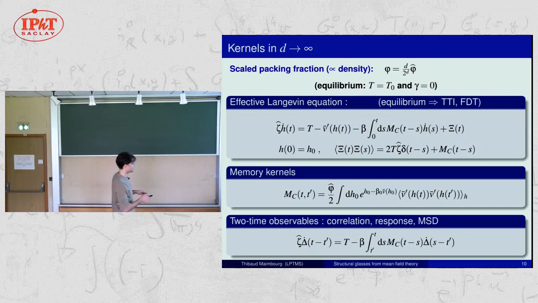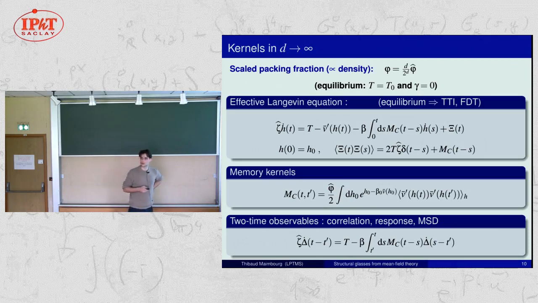Okay, so this means you have this self-consistent structure between the memory kernel and the dynamics of the gap. So you have to solve them in a coupled manner, and once you have this kernel, you can compute basically every time-dependent observable you want. So here, for example, I show the mean square displacement that is expressed through this formula.